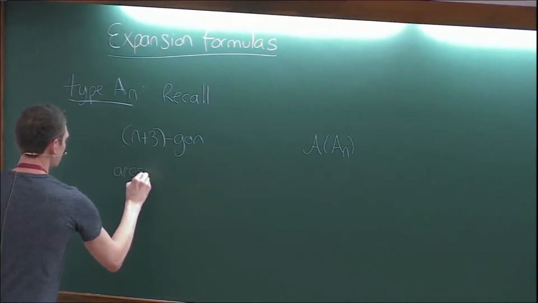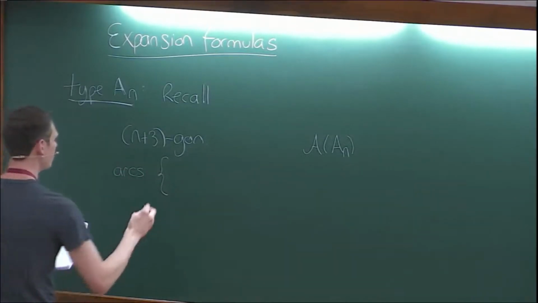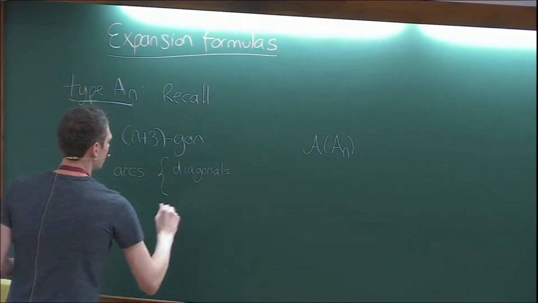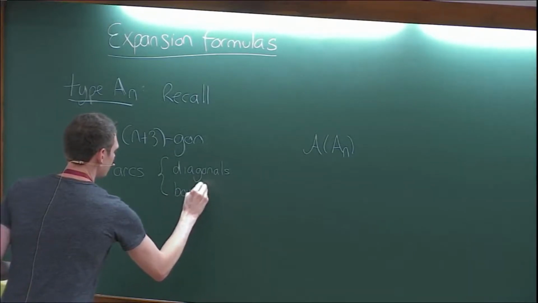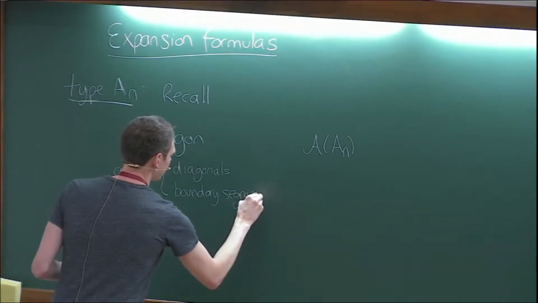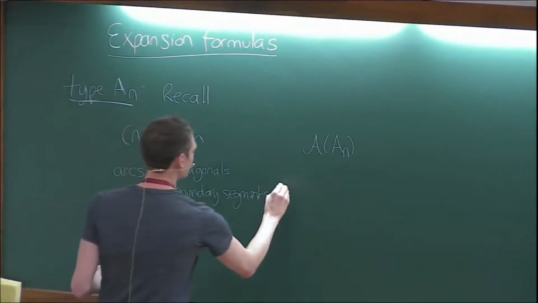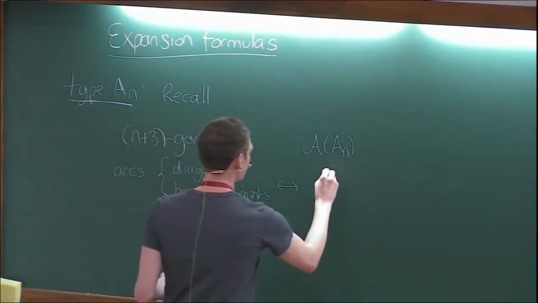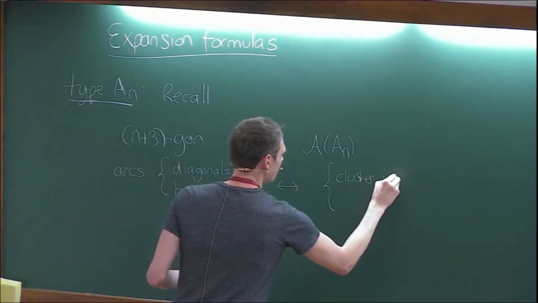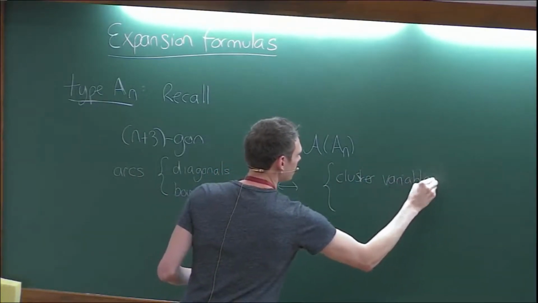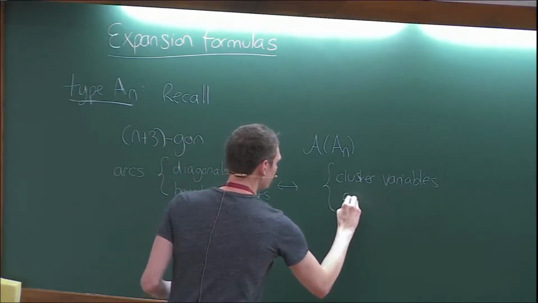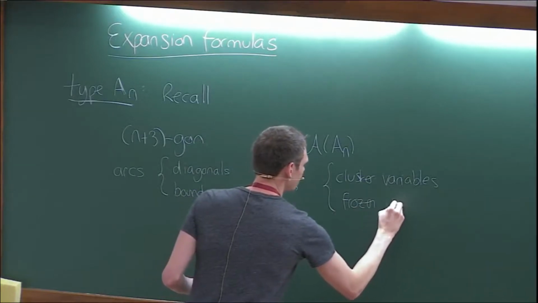And the arcs, which split into two natural categories of diagonals and boundary segments, correspond to variables, and in particular, the diagonals will correspond to cluster variables, and these boundary segments that are with us along the whole way will correspond to frozen variables.